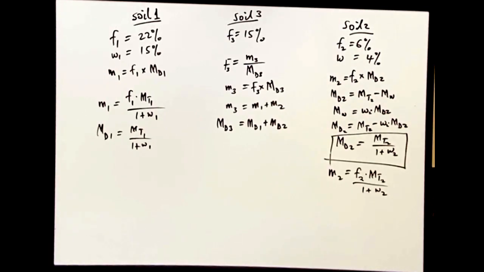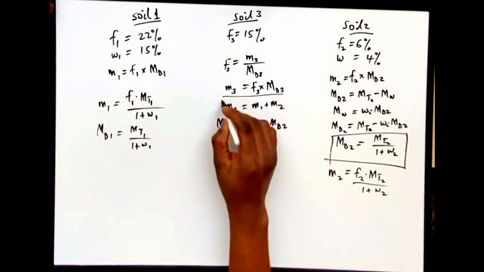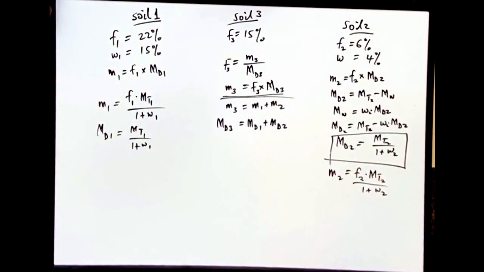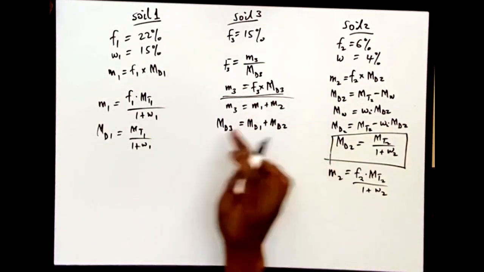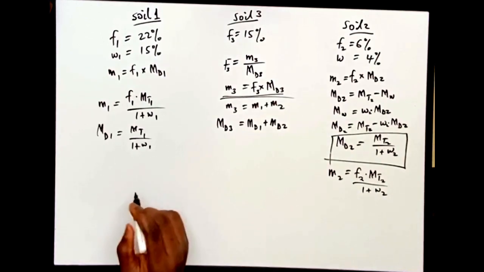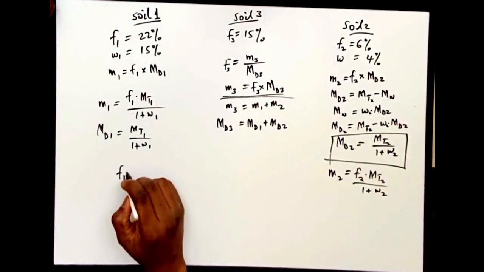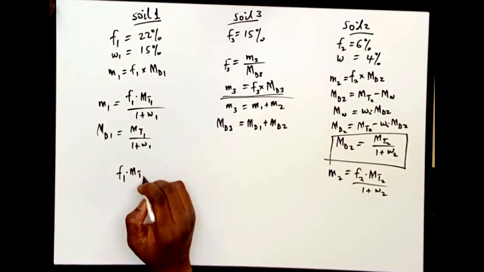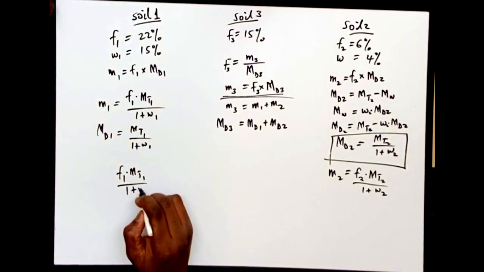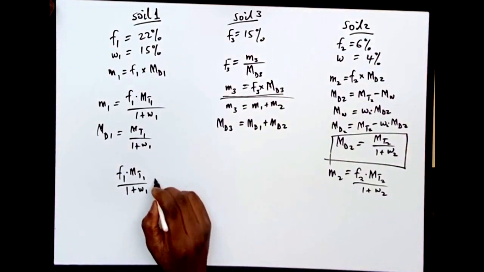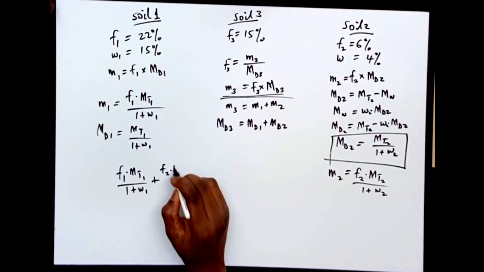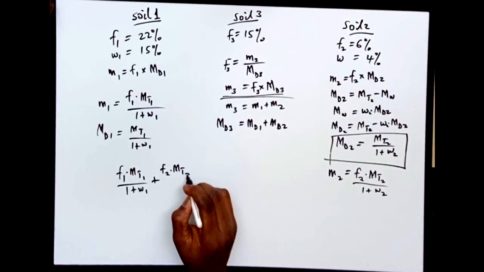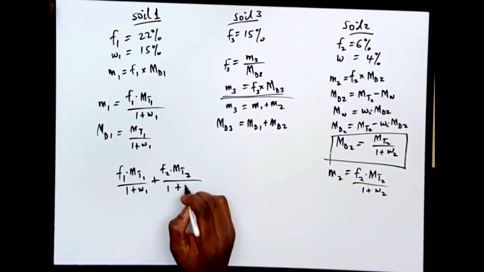All right, so now that we have that, we can write this relationship in terms of all of these that we've calculated. So M3, we said, is M1 plus M2. That's M1, that's M2. So F1 MT1 over 1 plus W1, plus M2, which is F2 MT2 over 1 plus W2.